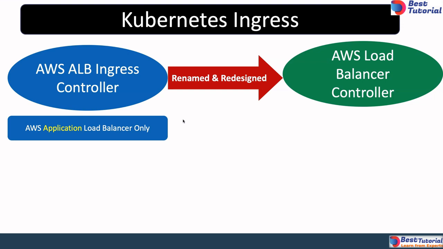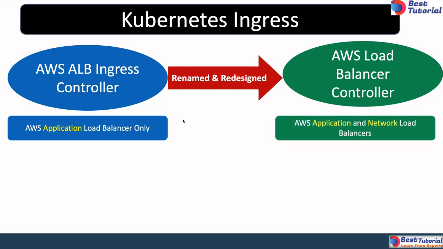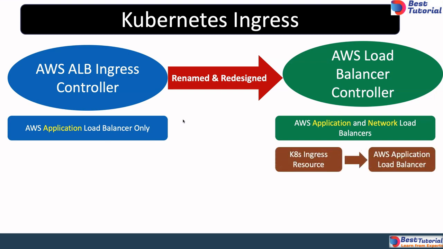So when you deploy an Ingress manifest, it used to create an application load balancer on AWS. But now, as part of this AWS Load Balancer controller, it can create AWS application load balancers and network load balancers.